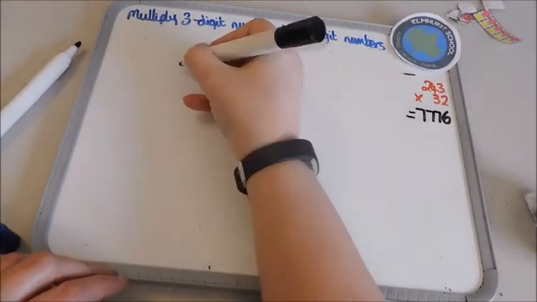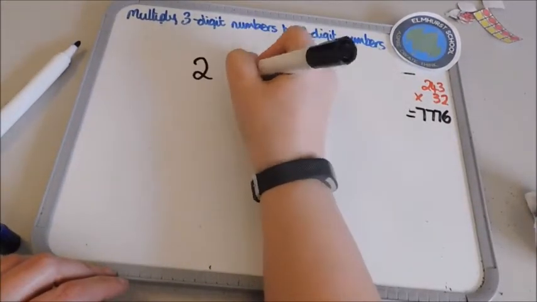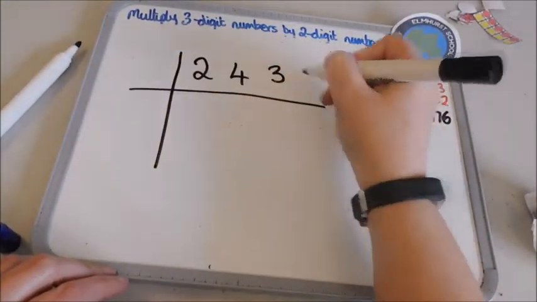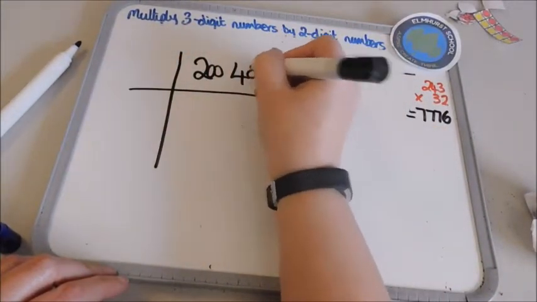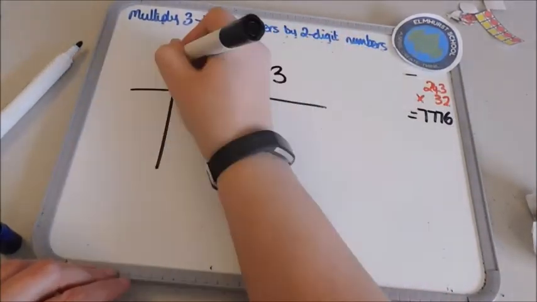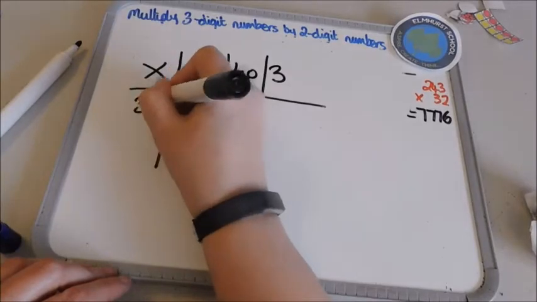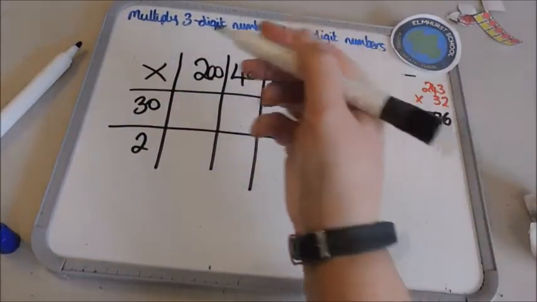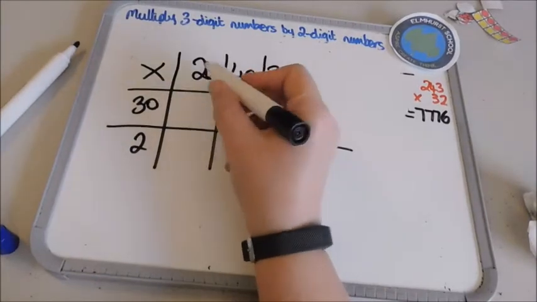So if I've got my numbers 243, I'm going to multiply it by my 32. So 30 times 200.